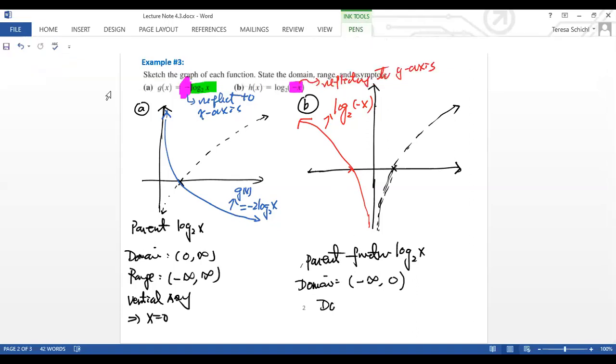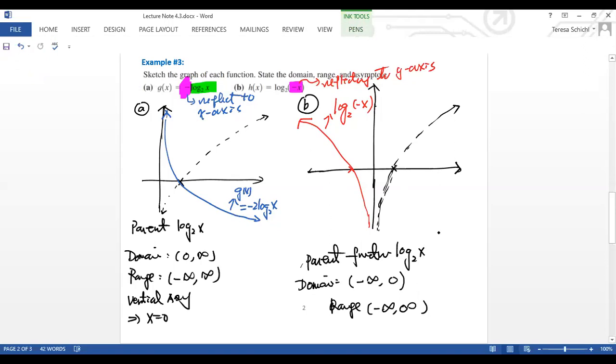Oh, yes. So what is my range here? My range is the y value. So the y value is still from negative infinity to positive infinity. Do I have an asymptote here?